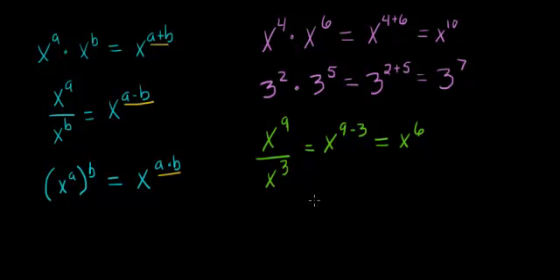If we had, let's say, 6 to the 8th over 6 squared, well, I am going to simply rewrite this as 6 to the 8 minus 2, which gives me 6 to the 6th.